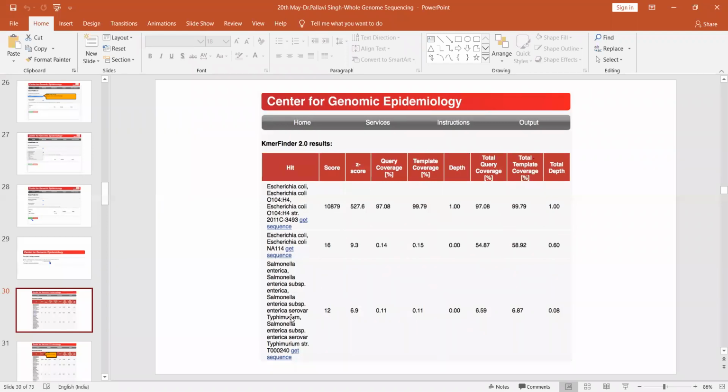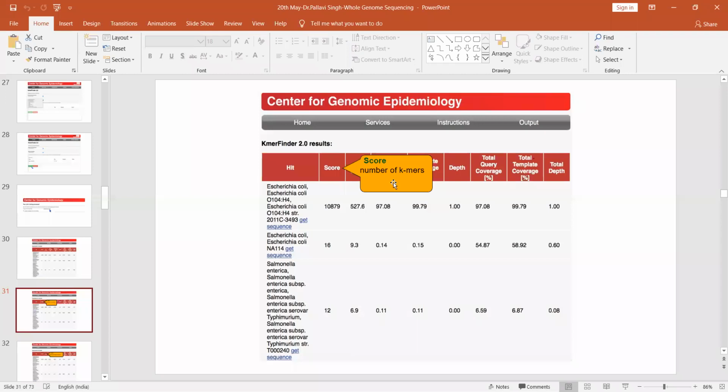It has given me different organisms, E. coli, Salmonella Typhimurium, but the best score is obtained in case of E. coli, strain number O104:H4. And Z score, query coverage, template coverage, depth, total query coverage, total template coverage, and total depth. These are the parameters. Now, what are they and how do I select?